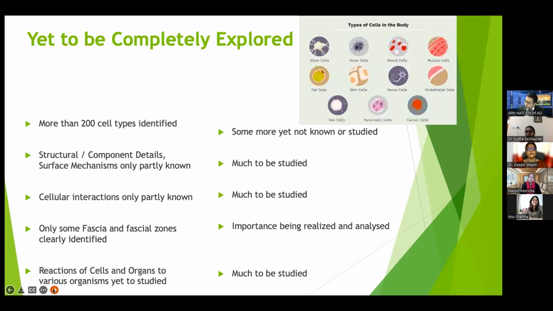There are so many surface mechanisms of the cells which are to be completely studied. Cellular interactions, though every day there are advances in the interactive mechanisms, there is so much left. And at the gross level, so many fascia. We talk in terms of fasciae, superficial, deep, and so on.